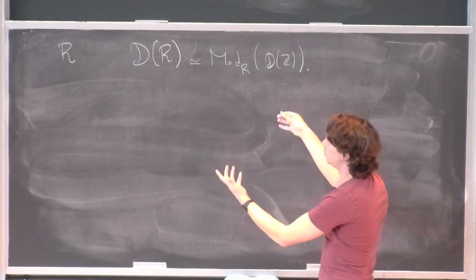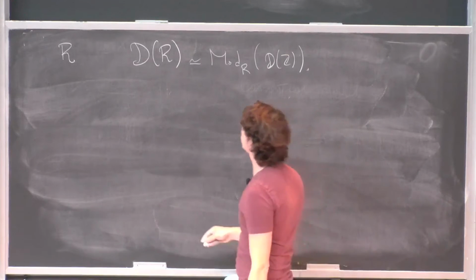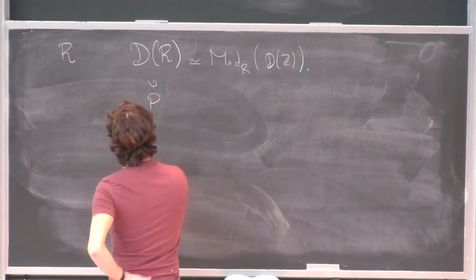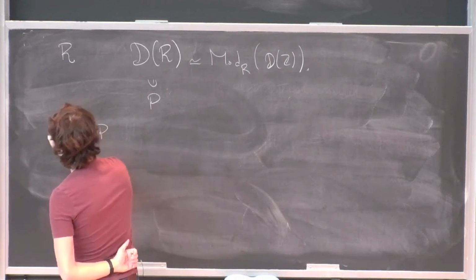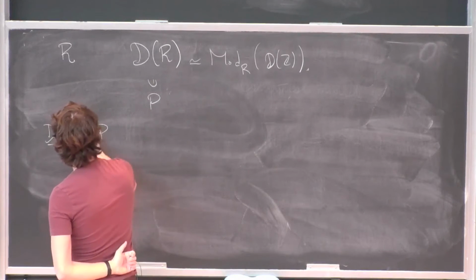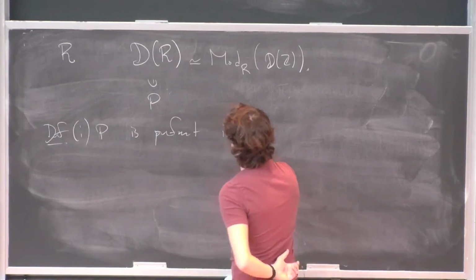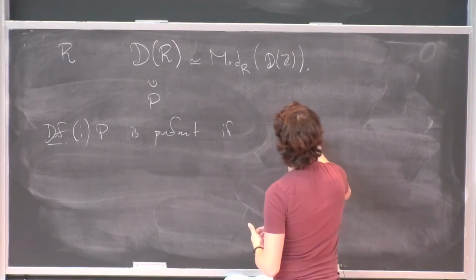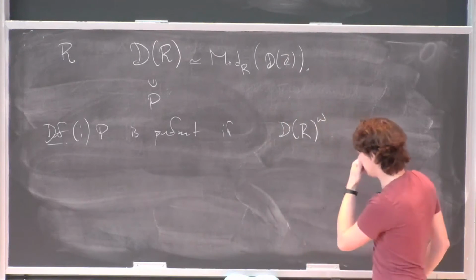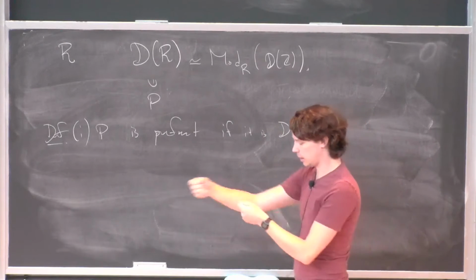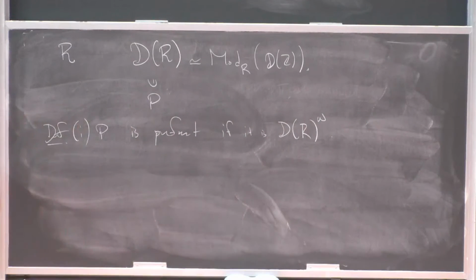Or you can look at DG modules over R. Now, let's suppose I have P in here. I want to make two definitions. One, P is perfect. This is just if it is in the compact objects. In other words, taking maps out of it commutes with colimits.